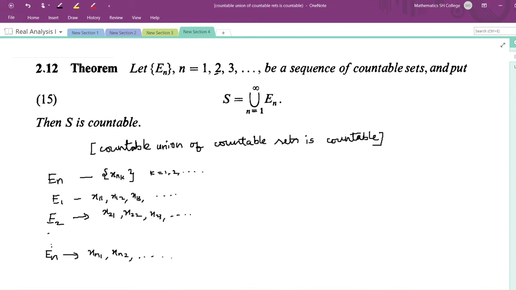We can also write the elements like this.